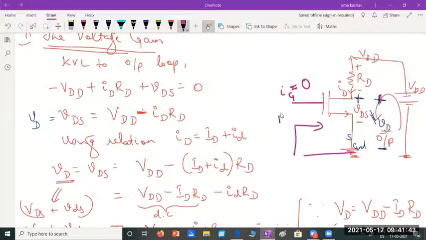If I try to find the input resistance between gate and source terminal, what would I get? It is the voltage divided by current. So when I consider any voltage, I will have some gate source voltage, but divided by zero, what will happen to the resistance value? The resistance becomes infinity.